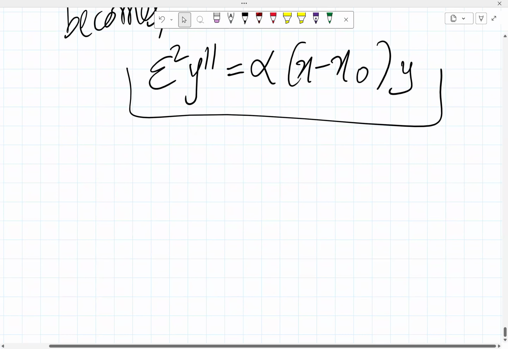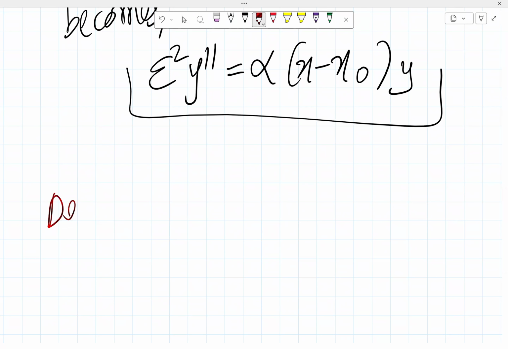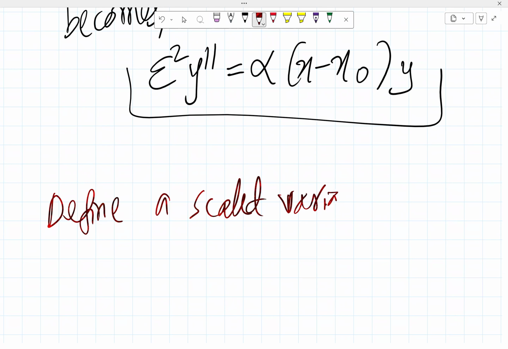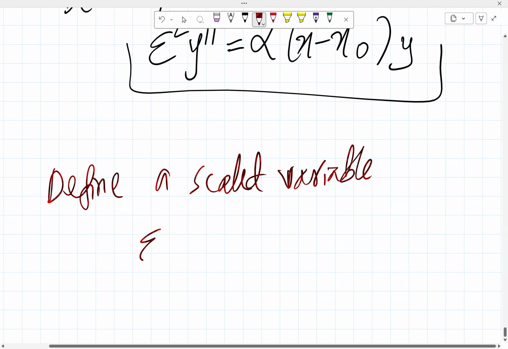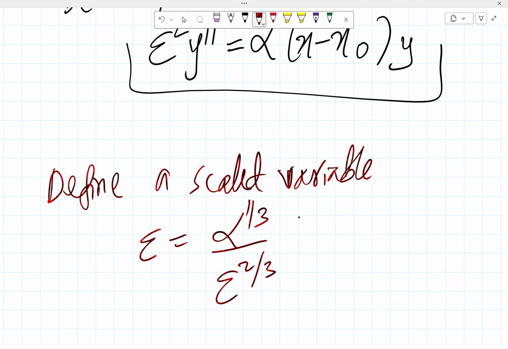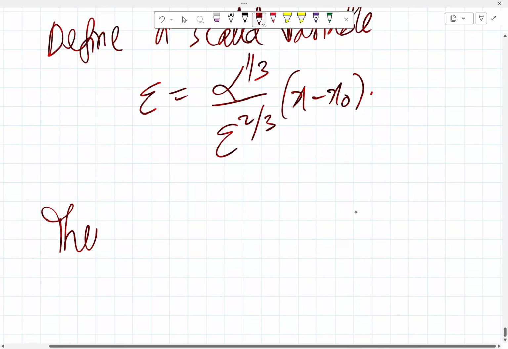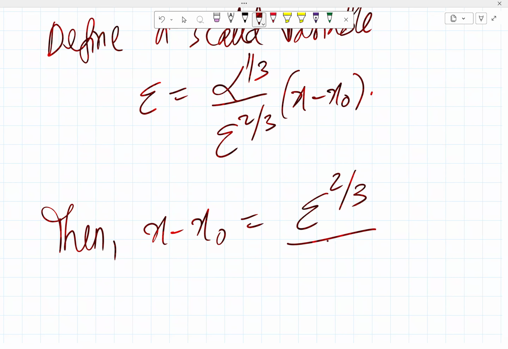So we have to now introduce a scaled variable. We can define a scaled variable psi equals alpha raised to 1/3, epsilon raised to -2/3, multiplied by (x - x0). Then x - x0 is equal to epsilon raised to 2/3 over alpha raised to 1/3 multiplied by psi.